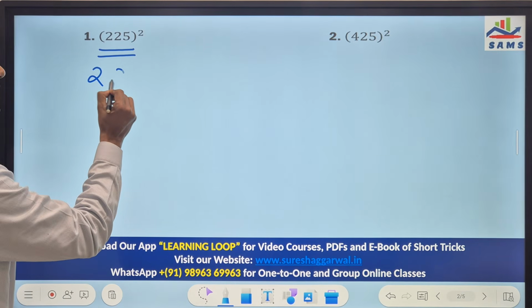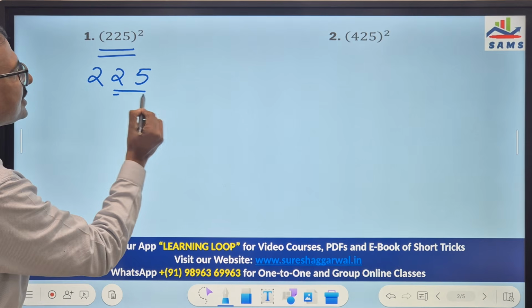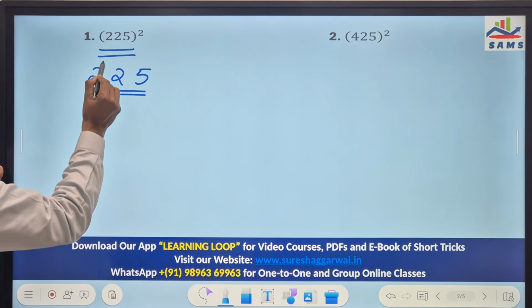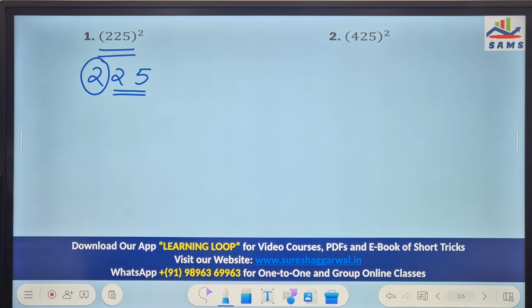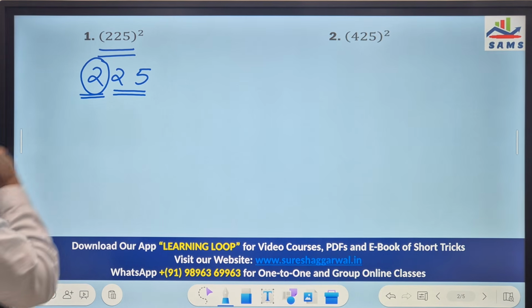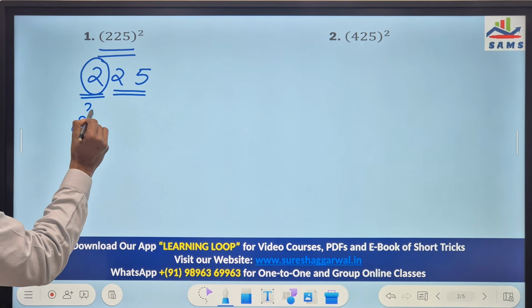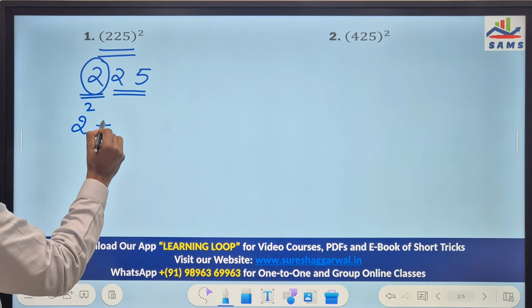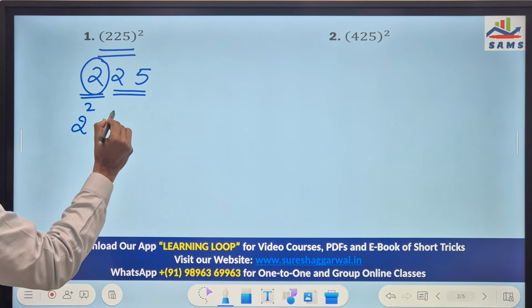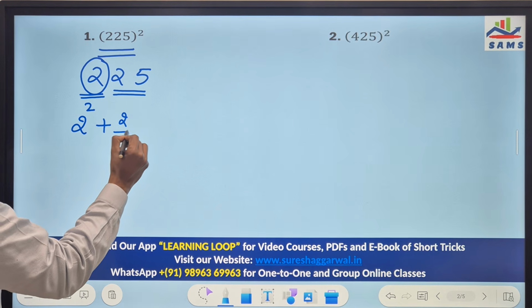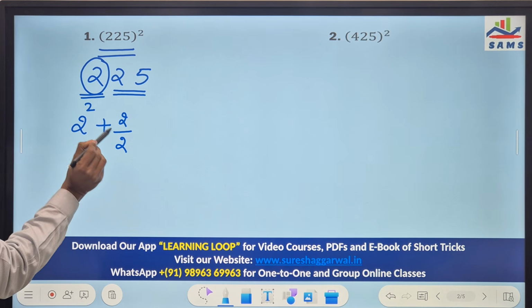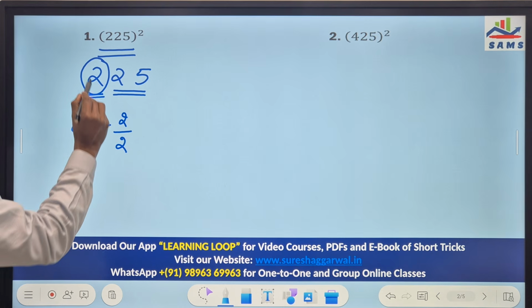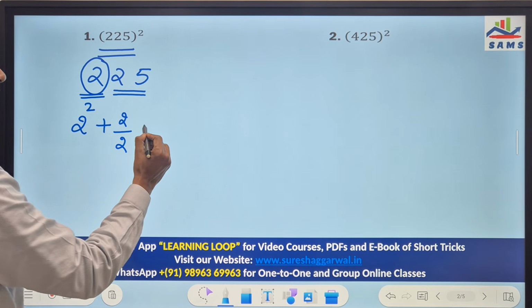See, 225 contains the 25, and apart from the 25 it contains 2. So the first thing you are going to do is to write the square of this number, 2 square, and then add half of 2, that is 2 divided by 2. You always have to take the half of this number. So what do you get here?